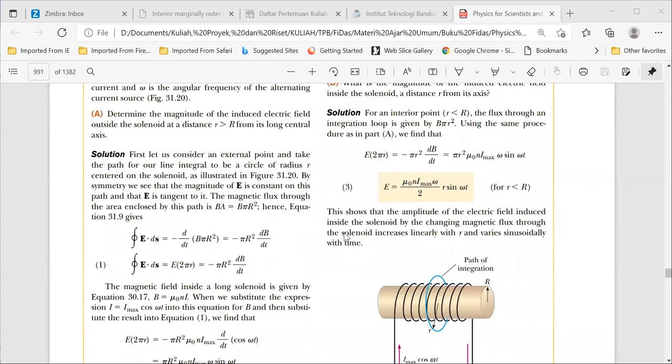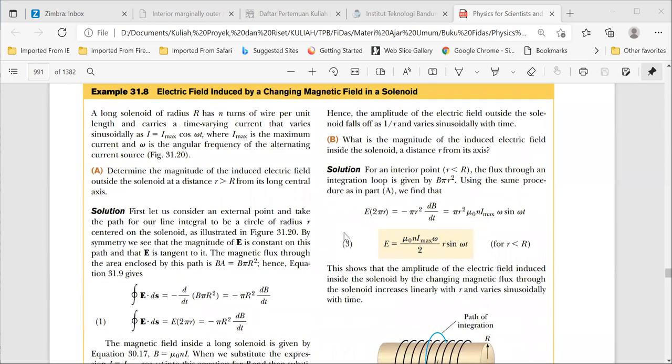Kemudian juga kita bahas terkait dengan solenoid yang panjang ya. Jadi bisa dikatakan ini solenoid, lilitannya sangat rapat tapi dia punya panjang, sehingga akan ada medan magnetik di luar dari solenoid tersebut.